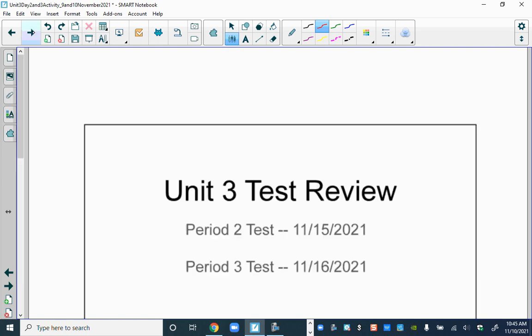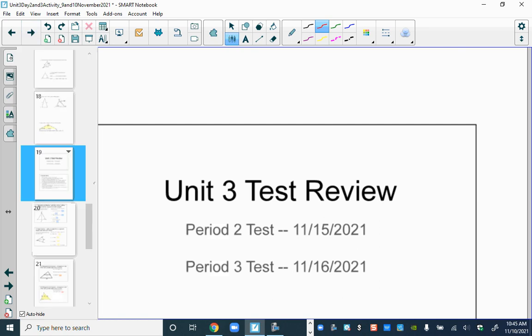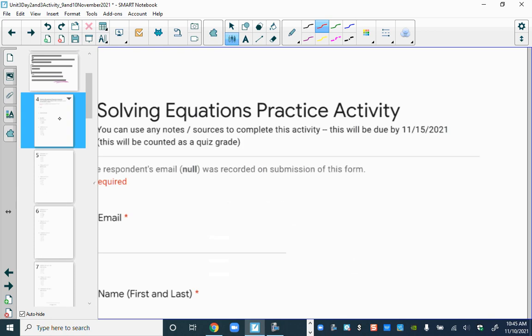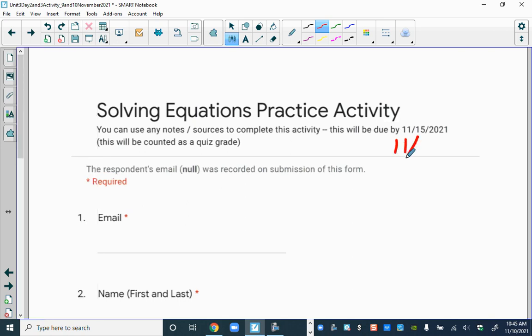Okay, so that's review. Now, one other thing I wanted to mention. Sorry, I'm going to rewind for like 30 seconds to a minute. This equation practice activity is due on the test day. Now, if you need an extra day, I'm okay. This is going to be a quiz grade.